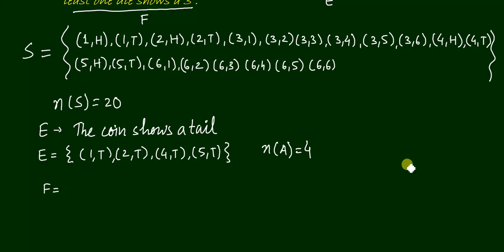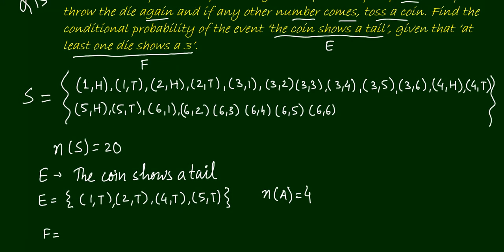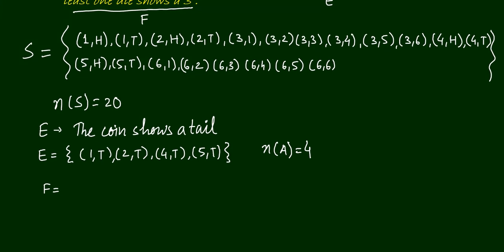Now F is what: at least one die shows 3. So how many elements are there where you get 3, okay.